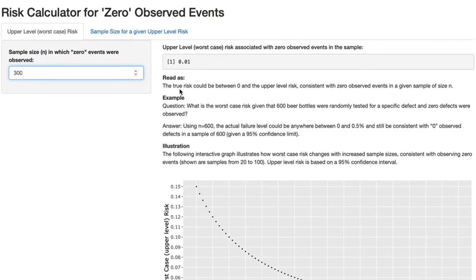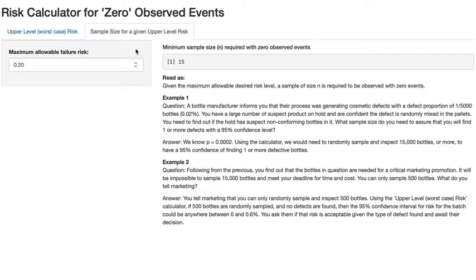The other question often is, how large of a sample do I need given a certain risk level that I'm willing to live with? So click on this tab here, and let's say I'm willing to live with a risk of no more than 1%.